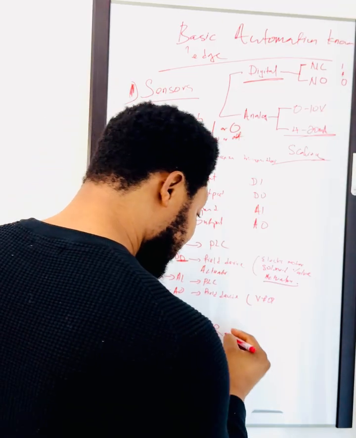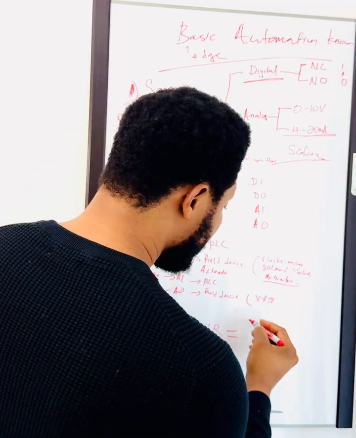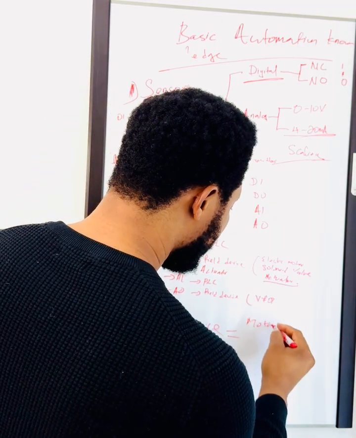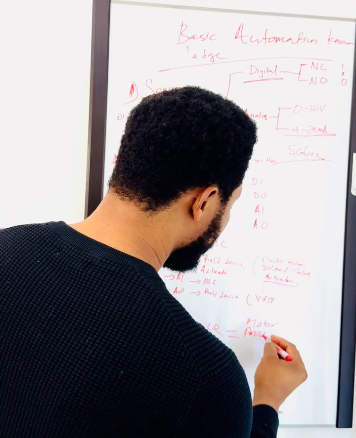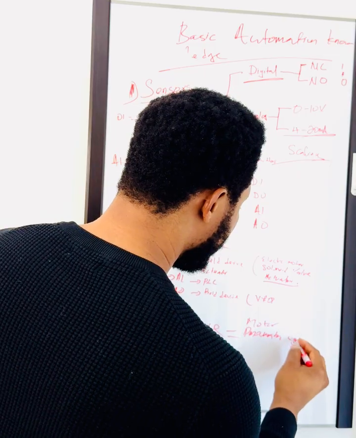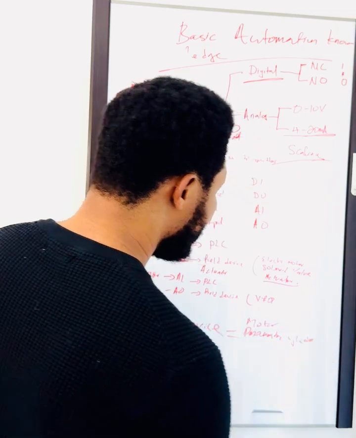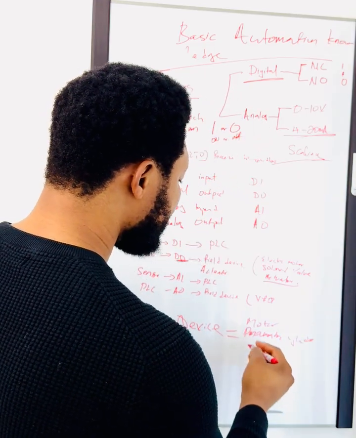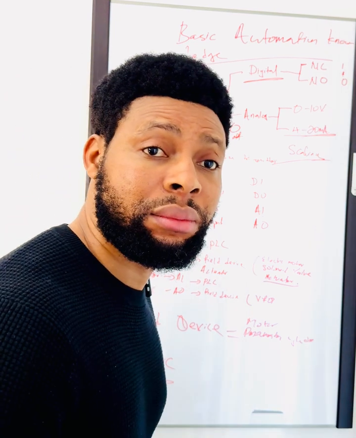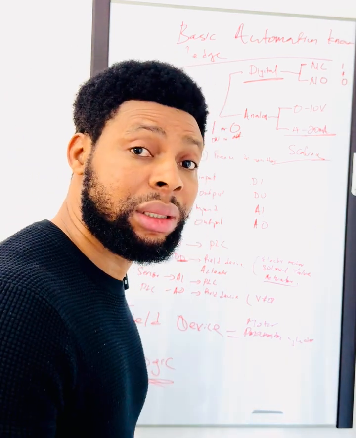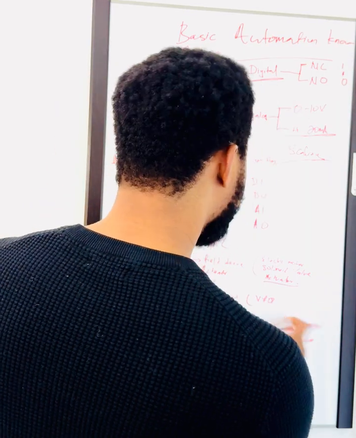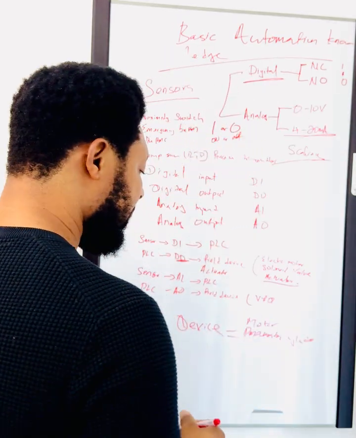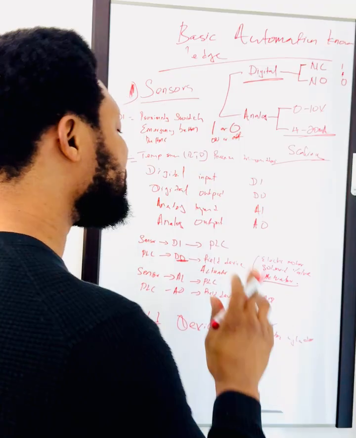Examples of feed devices, I told you: your motor, your pneumatic cylinders, anything that moves. Your conveyor is being driven by a motor. So take note of these things.